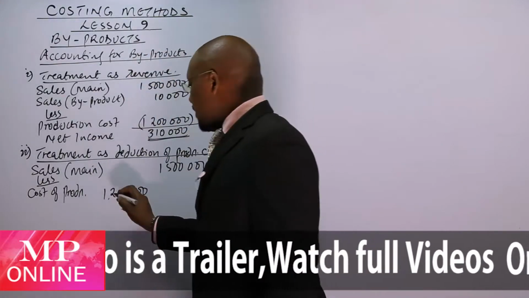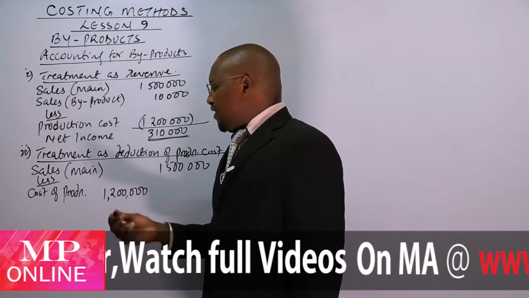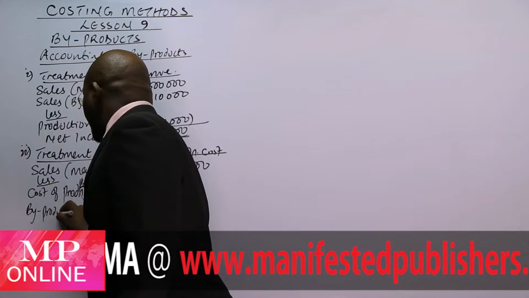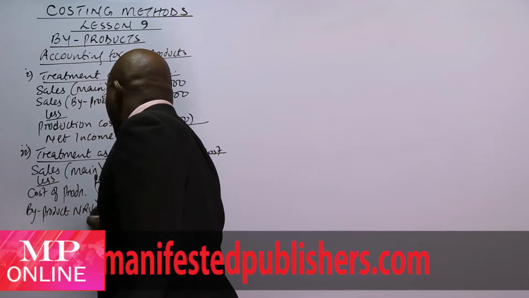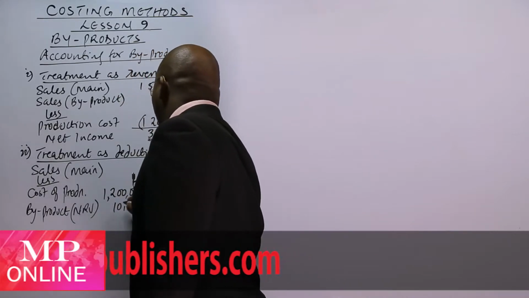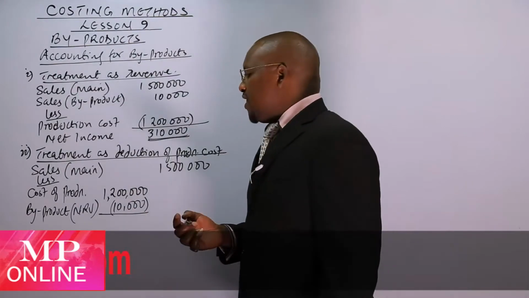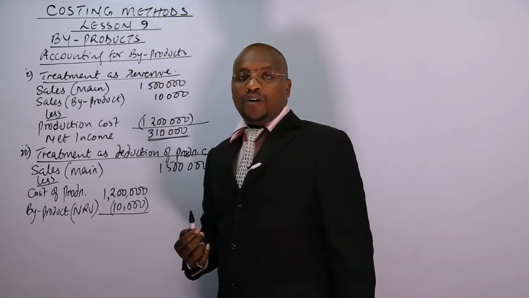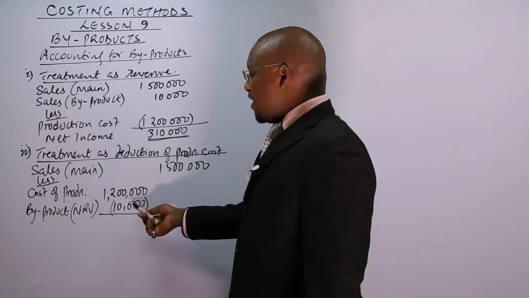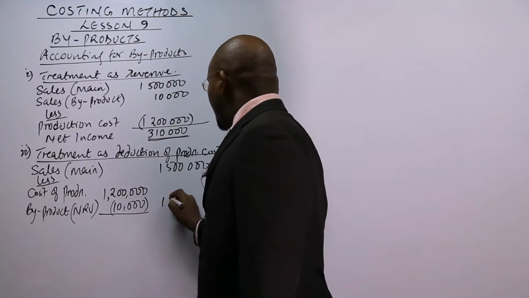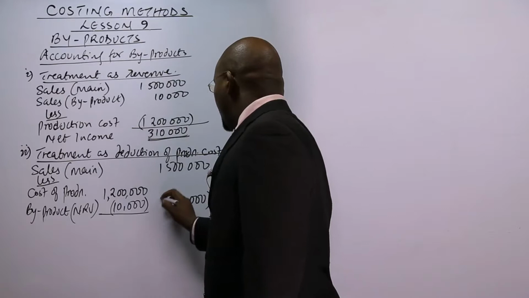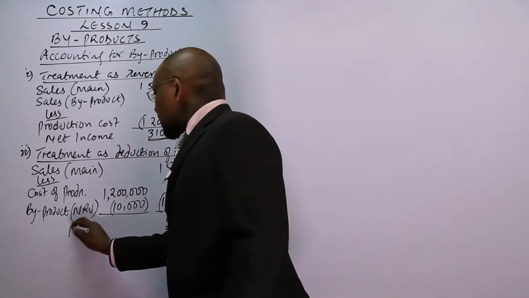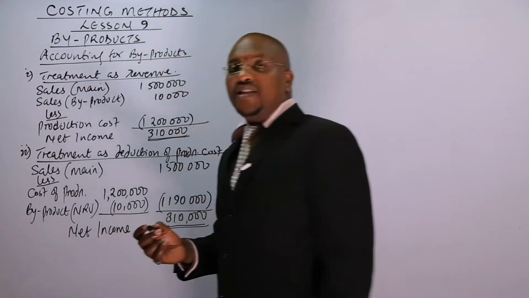But before we subtract this from the income of the main product, we reduce this cost by the NRV of the byproduct. Now, NRV is the income from the byproduct, and because the cost of the byproduct is now borne by the good production, the revenue of it will have to be attributed to the main product. Therefore, we offset this income against this cost, so this becomes 1,190,000, and when you subtract it, you'll get actually 310,000. That is the net income. So we still have the same result, but the treatment is different, as you can see.